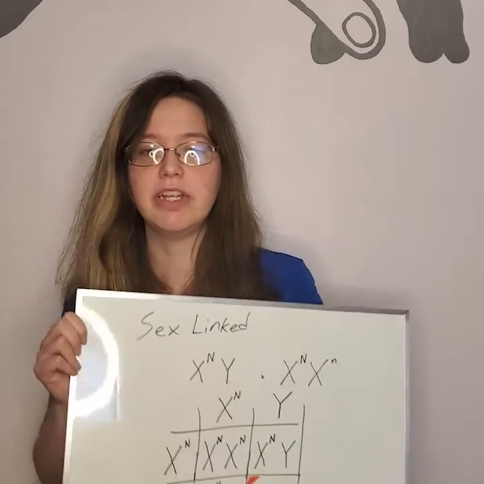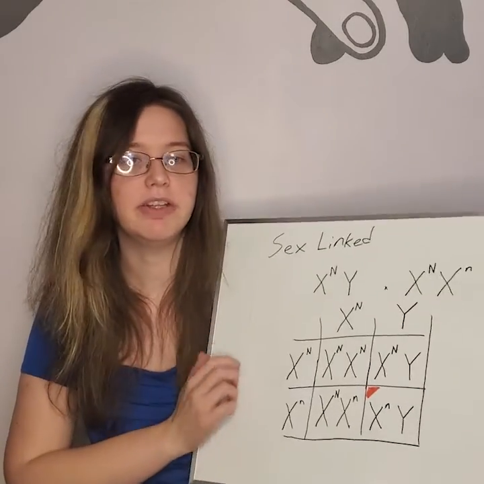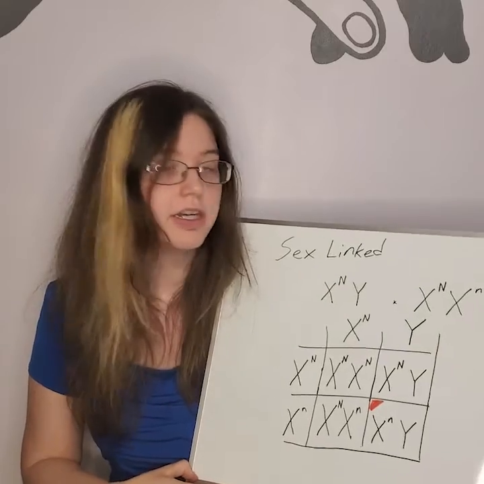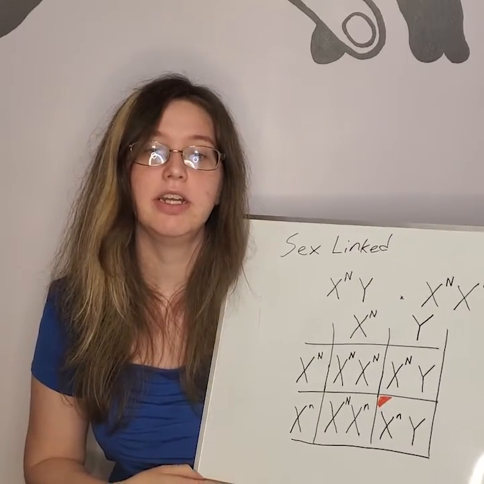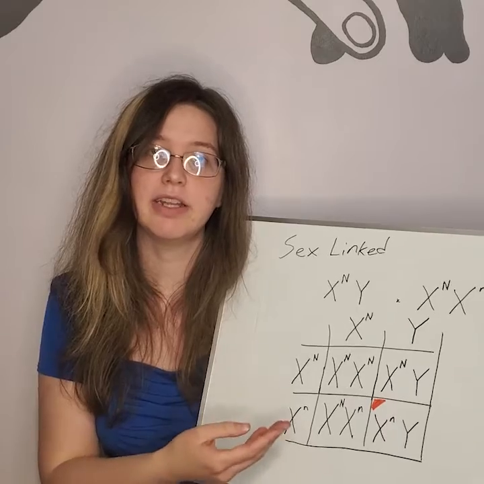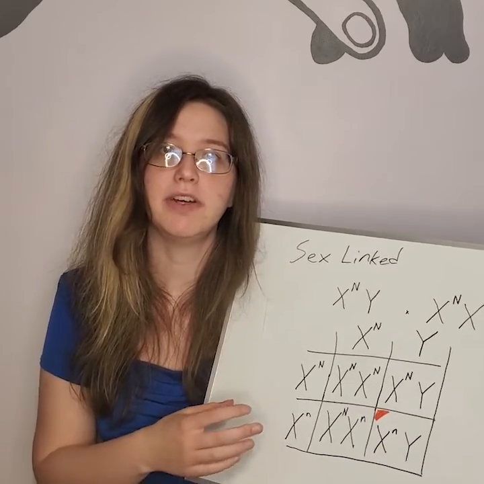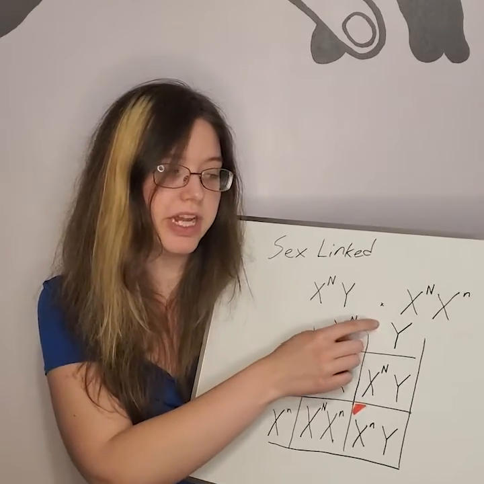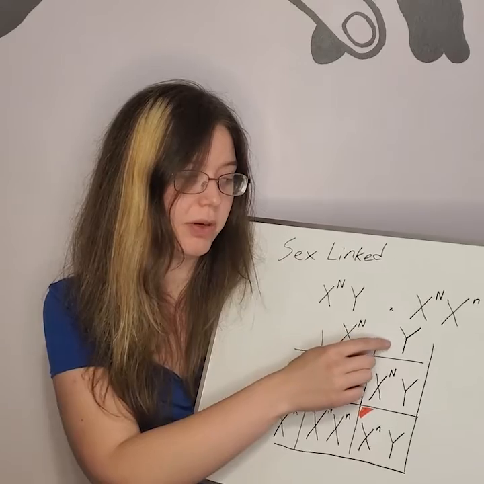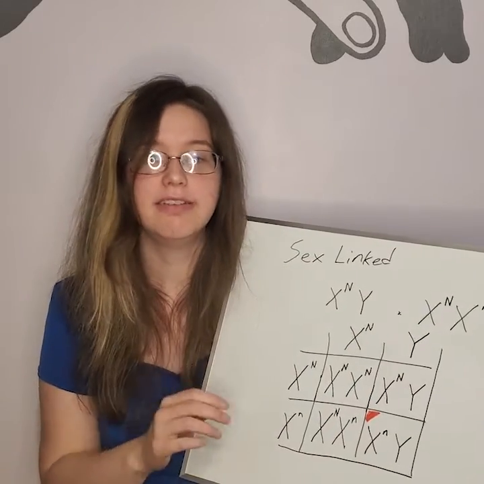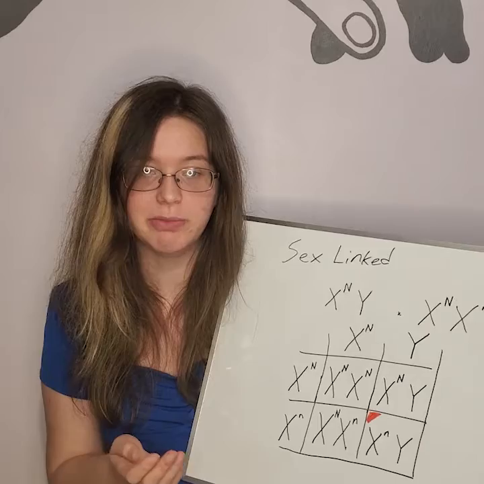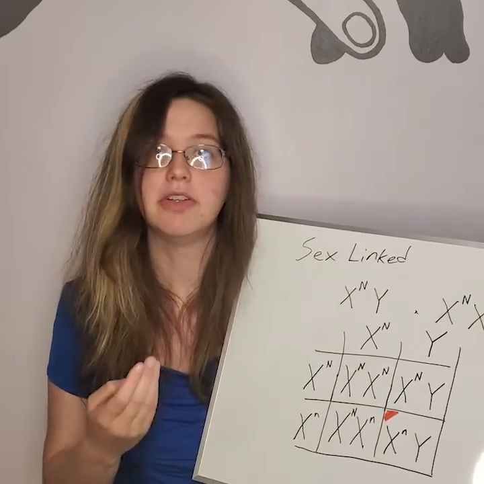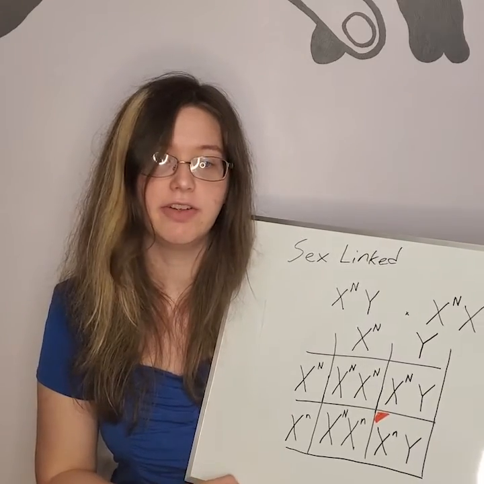So, if there's a recessive allele for colorblindness, because colorblindness is a recessive disorder, females would be able to mask that allele with a functional copy, following the normal rules of Mendelian genetics. But males only have the 1 copy. They have that Y, they don't have another copy of the X chromosome. So they wouldn't be able to mask any recessive allele that they have.